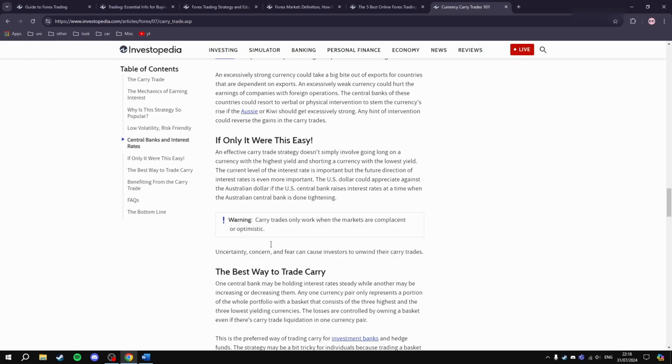So if there's a company in another country earning money in another currency, for example USD, then when they have to convert USD back into GBP, if the currency is too weak, that means they would have to... An excessively weak currency could hurt the earnings of a company's foreign operations.